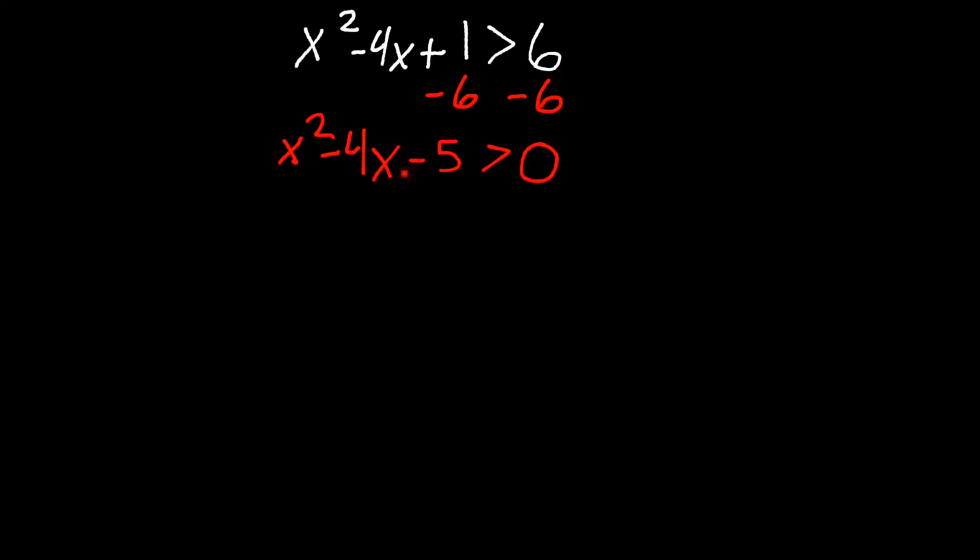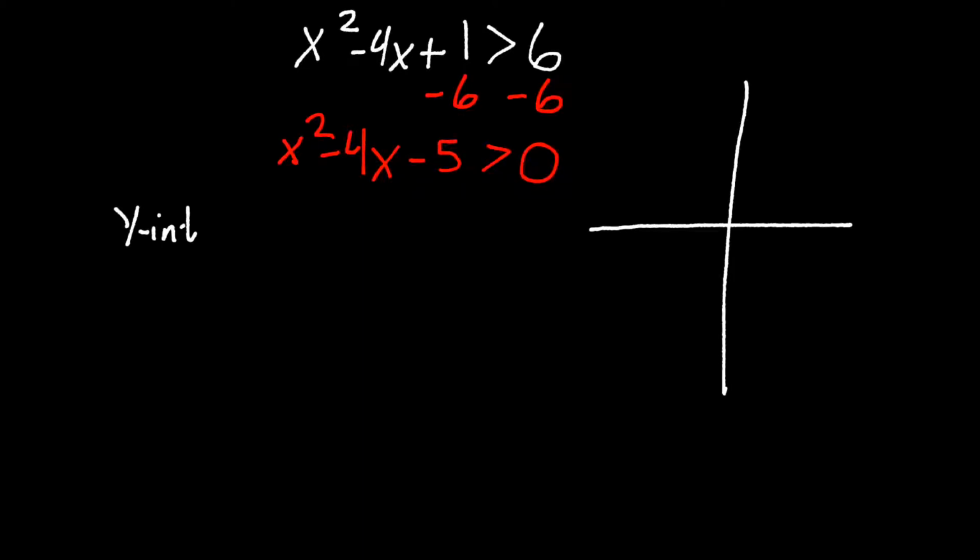Now we want to figure out the x values that make this true. When are we going to be bigger than 0? So it's a little bit different this time, but we're still going to graph. So let's start just like we did before. Let's get our y-intercept. For the y-intercept, I'm not going to pay attention to the 0.